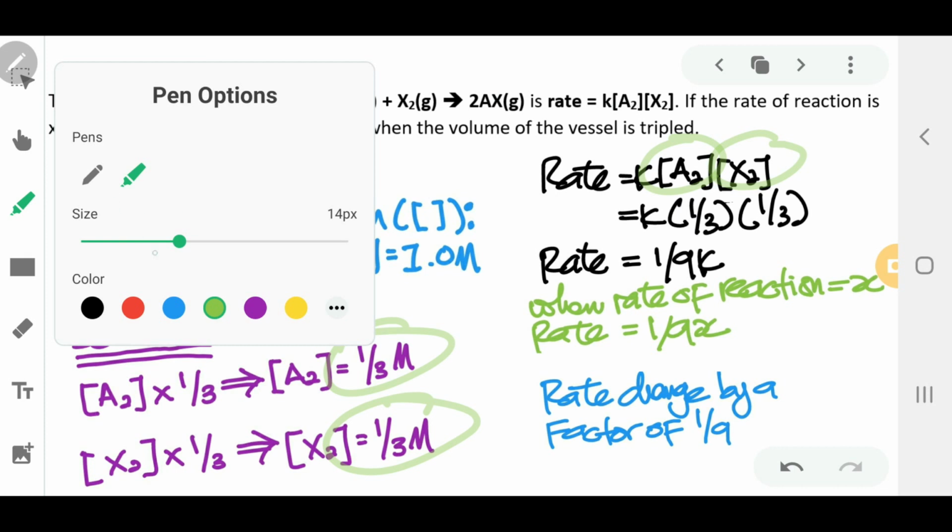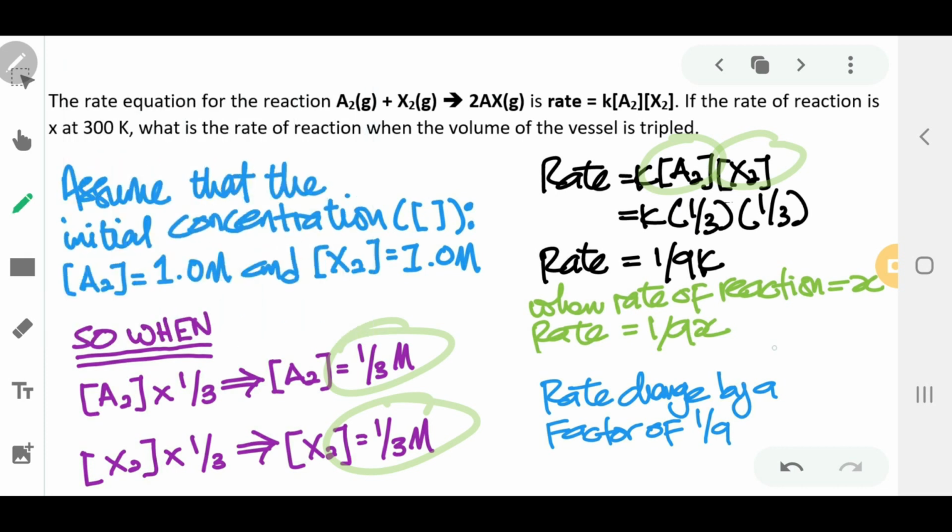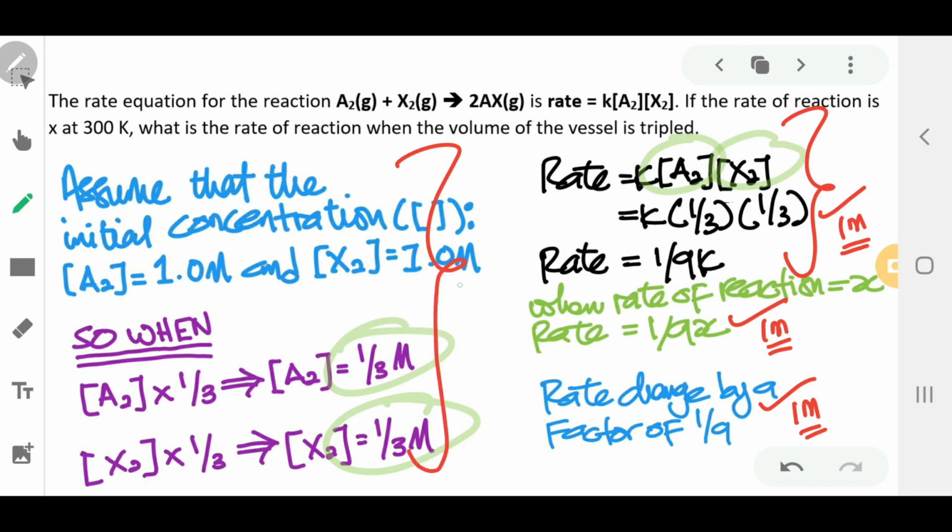In terms of marking, you get 1 mark here, 1 mark for the green bits, another 1 mark for this whole thing, and another 1 mark for that whole thing.